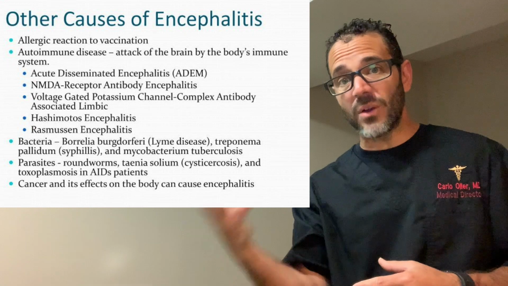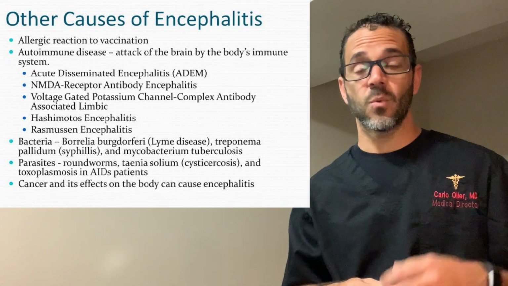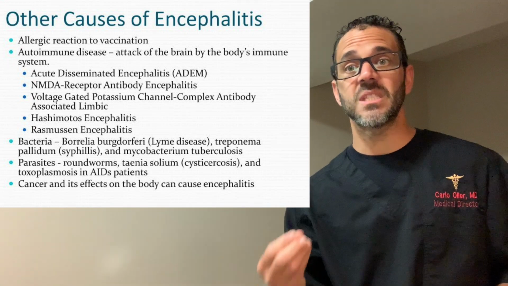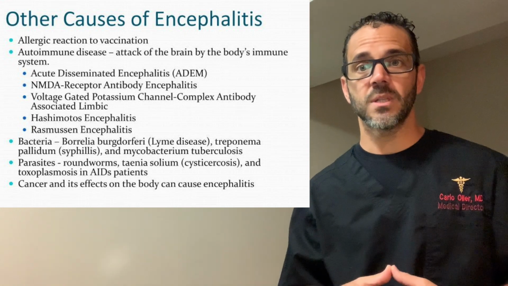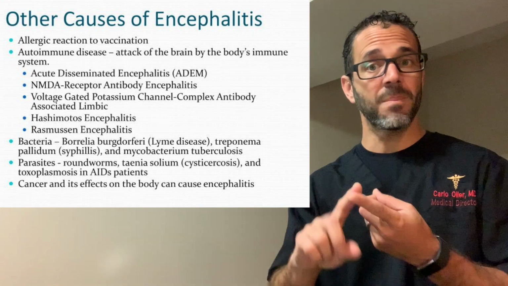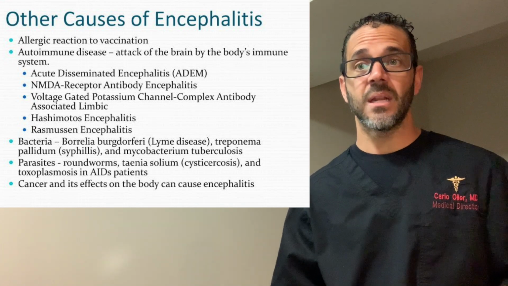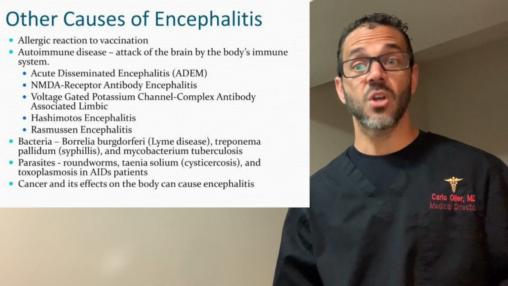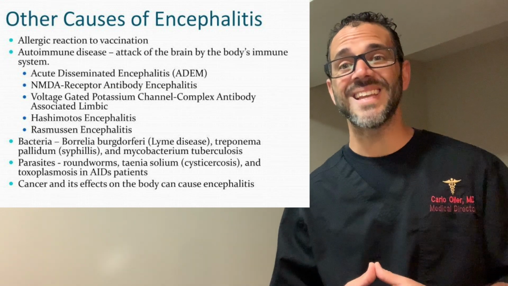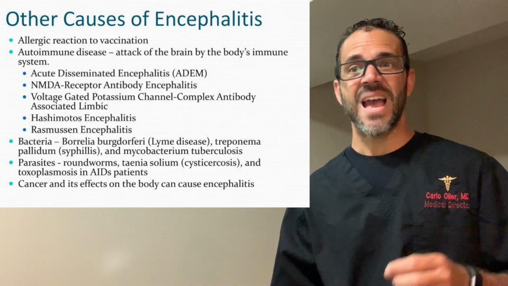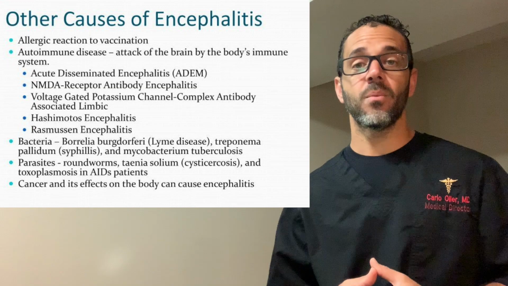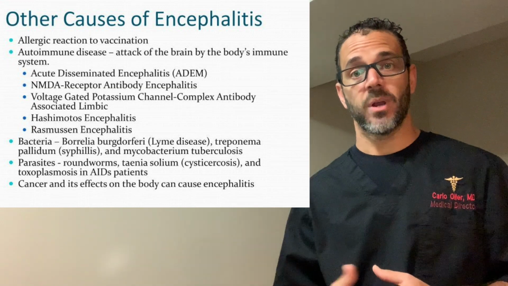There's also bacteria-caused encephalitis, like the one that causes Lyme disease, the one that causes syphilis, and even tuberculosis. Parasites, so not bacteria, not viruses, like roundworms, cysticercosis, and toxoplasmosis, which is more common in AIDS patients. And even cancer can cause encephalitis in the brain.